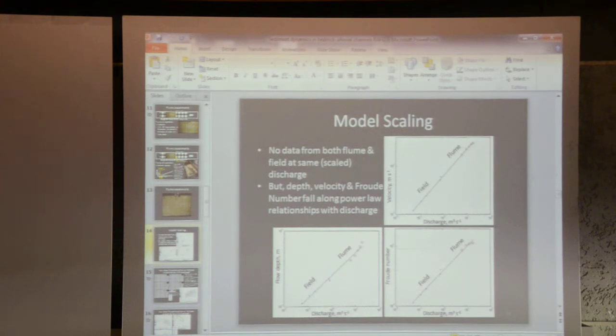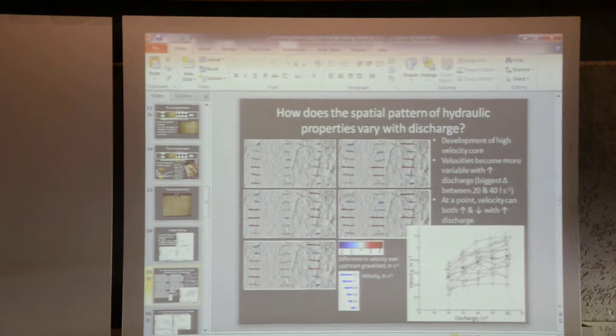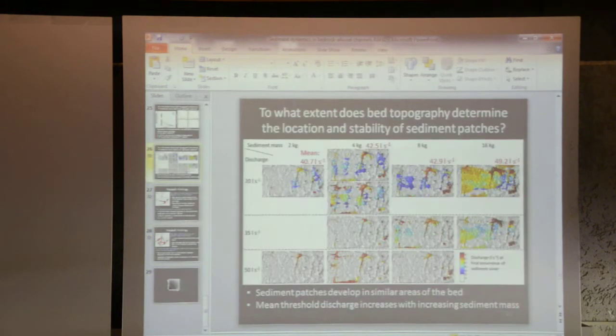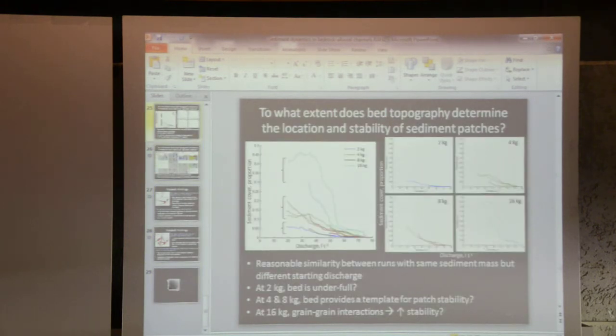I don't know. The fact that the yellow, the green and the red lines actually seem to merge onto each other, regardless of the initial amount of sediment which has been put into the bed. So these plots here are basically the same data, just separated out by sediment mass.